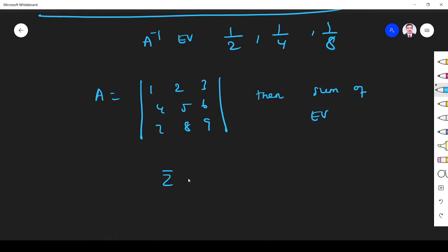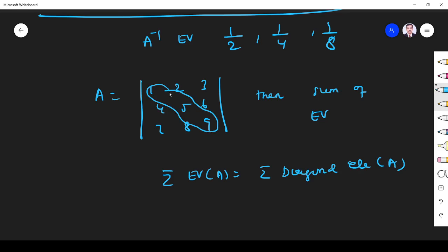The sum of eigenvalues of A is equal to the sum of diagonal elements of A. So the sum of diagonal elements is 1 plus 5 plus 9, which is equal to 15.